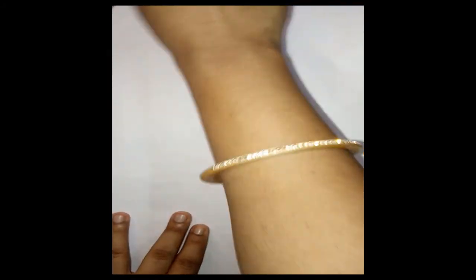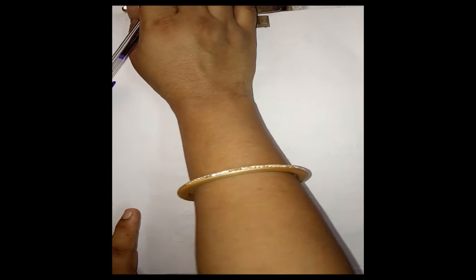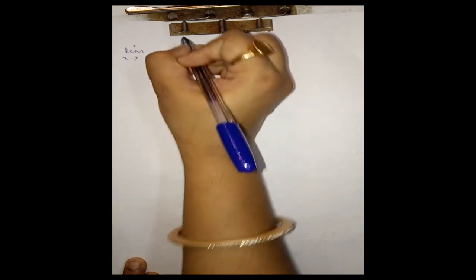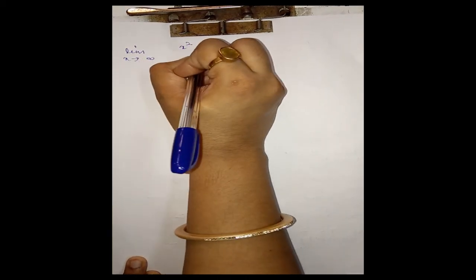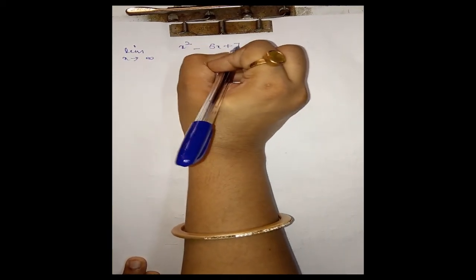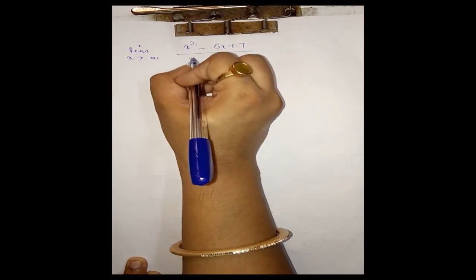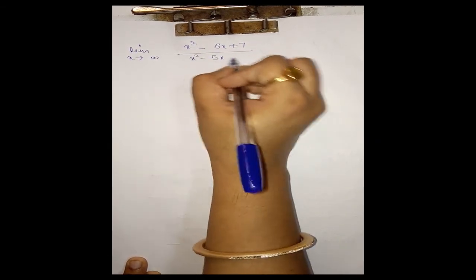Now for the horizontal asymptote, limit x tending to infinity, (x square minus 5x plus 7) upon (x square minus 5x plus 6).